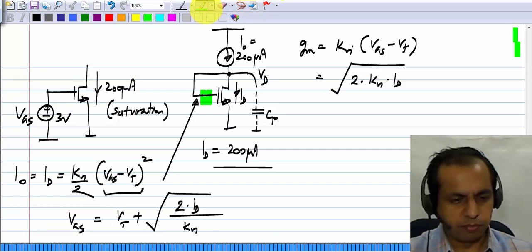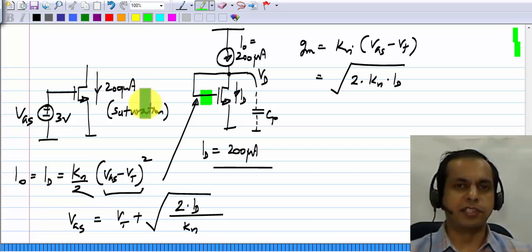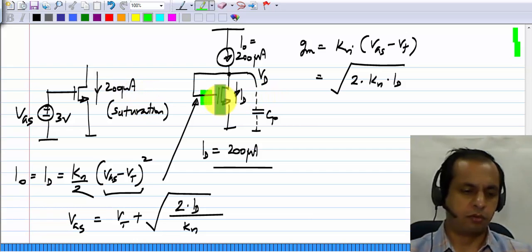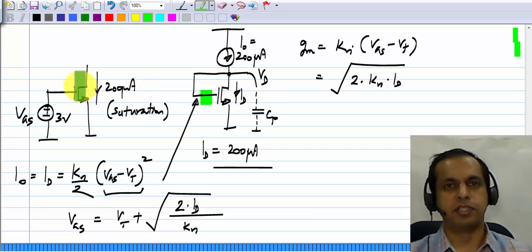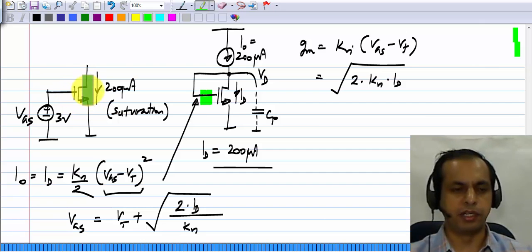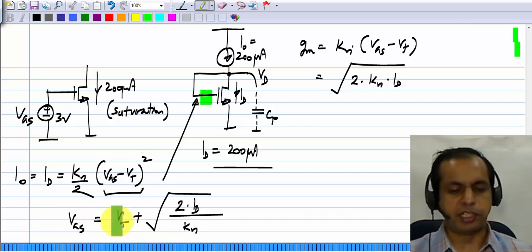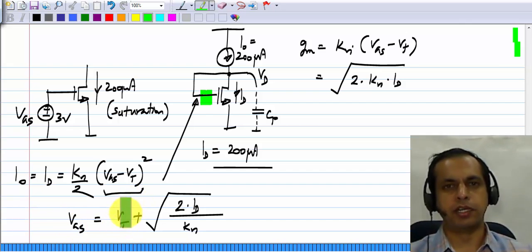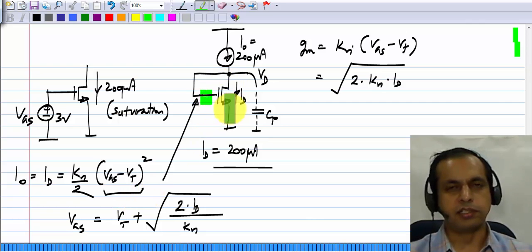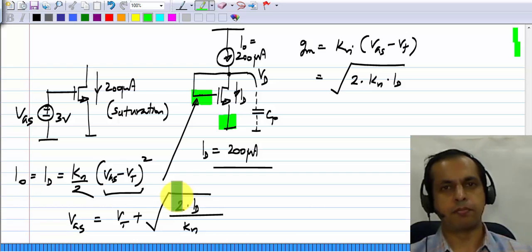If the transistor had larger VT than you expected, what would happen in this case? If the threshold voltage is larger than you expected, the current would be smaller. But in this case, you can see from this expression, if VT is larger than you expected, VGS also would increase correspondingly. So a transistor with a larger VT will automatically get biased with a larger VGS.